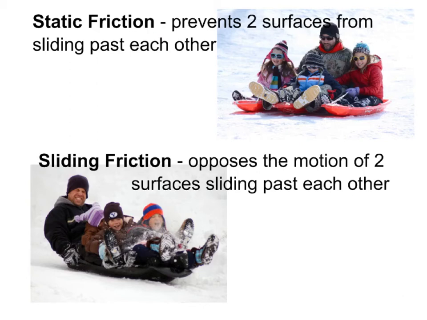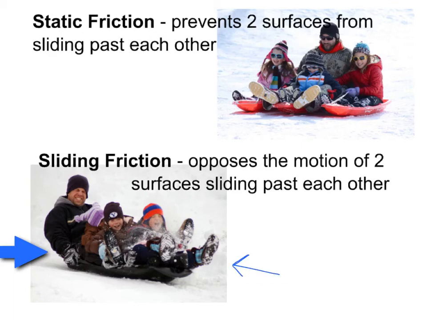We have another kind of friction called sliding friction. This opposes the motion of two surfaces sliding past each other. So as this group of individuals is sliding down the hill, there is another force, the sliding friction, that is going this direction.